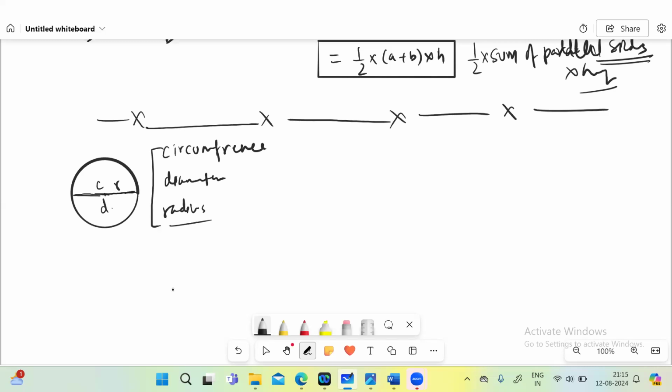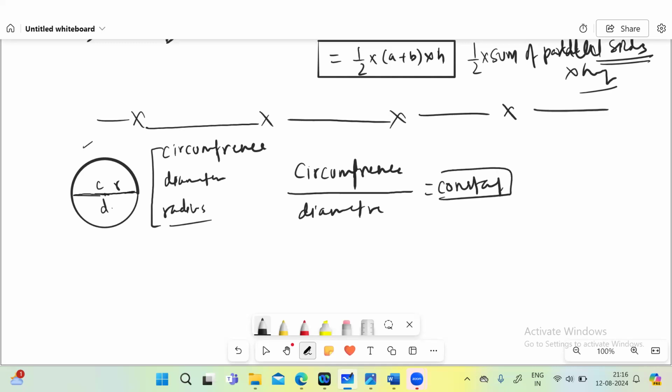And one of the important concepts that you should remember is that for any circle of any size, the ratio of circumference and diameter will always be constant. This is not going to change. You may take any sized circle and it will always be equal to pi.